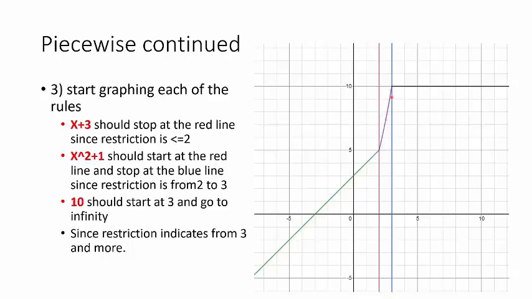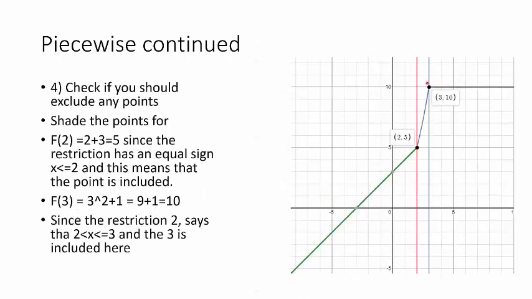These are the important points that you definitely want to calculate and make sure that you know if you should include in your graph or leave open. (3, 10) is the point that you can get from the third branch.